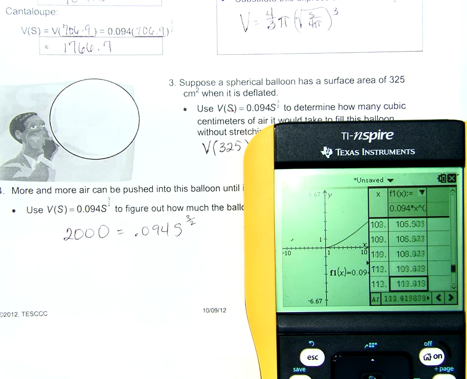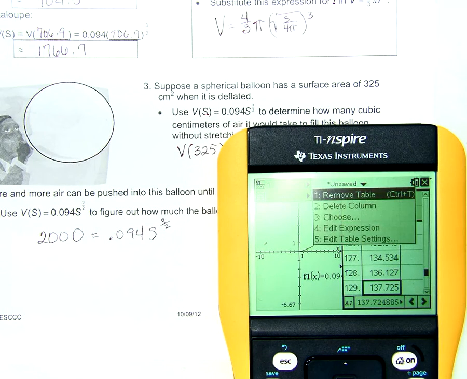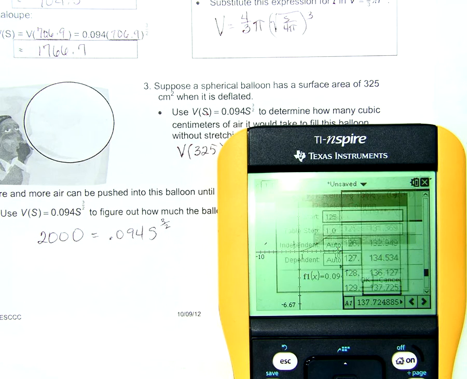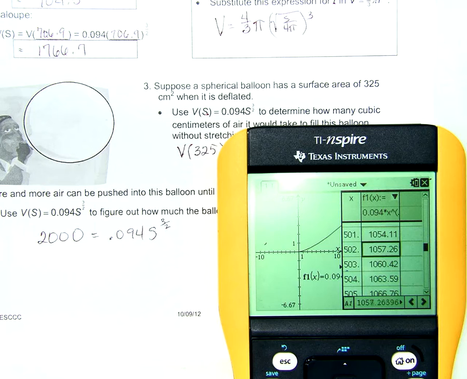Now if I was smart, I would go to my menu and my table, and I would edit my table settings, because at 129 it's only 137, and I got to get to 2,000. So I want to start my table at a different place. What about 500? I'm getting closer.